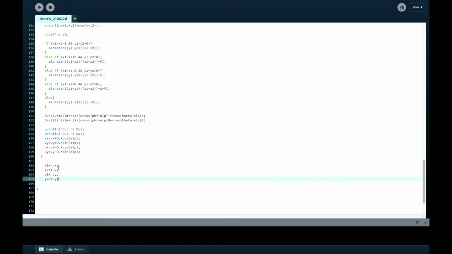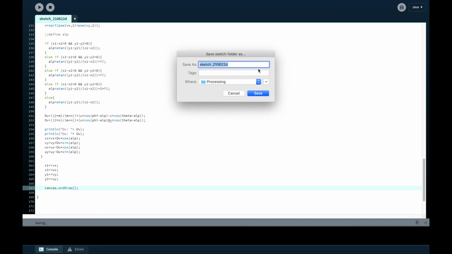It gains vx in the x1, x2 gains ux, y1 gains vy, y2 gains uy, and then we end my drawing, end the canvas, and hopefully I'm going to save this as, let's say, two balls collide.